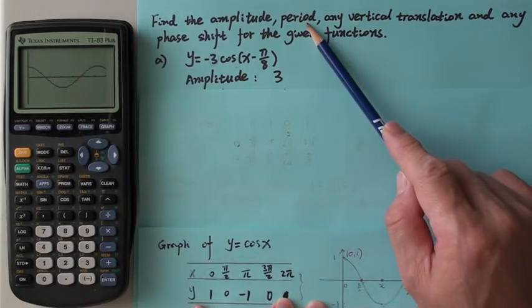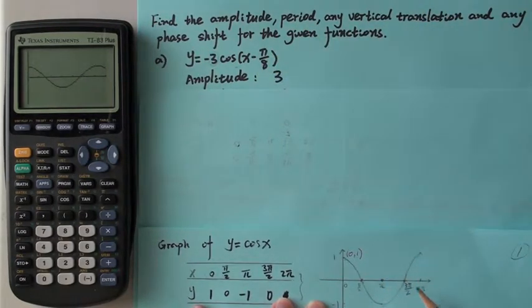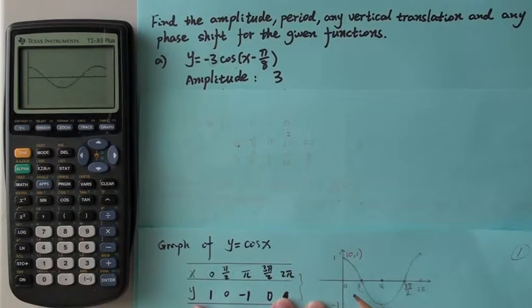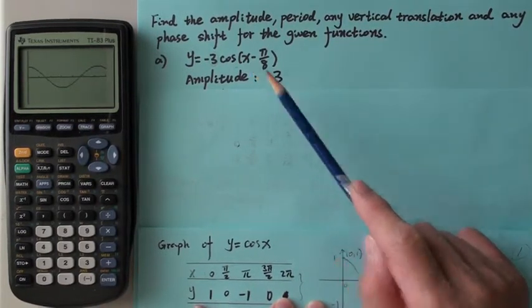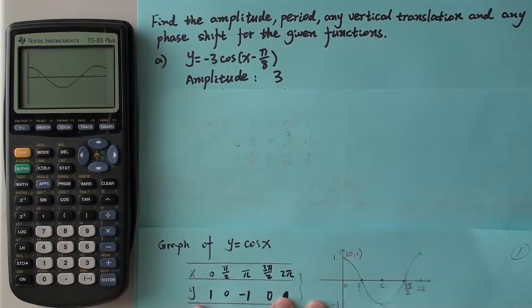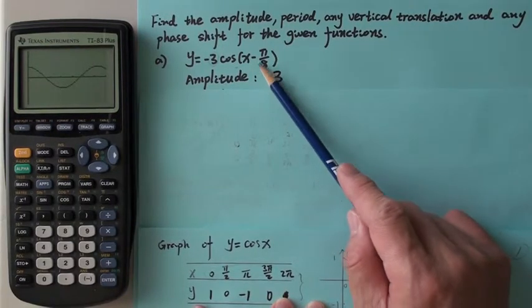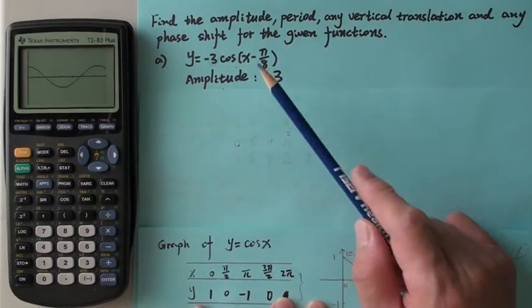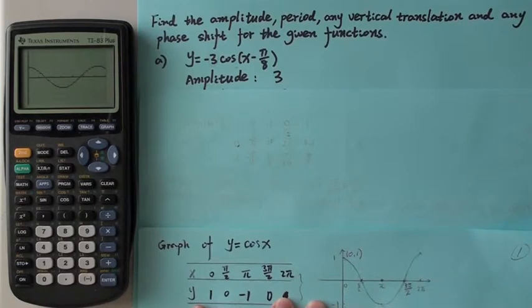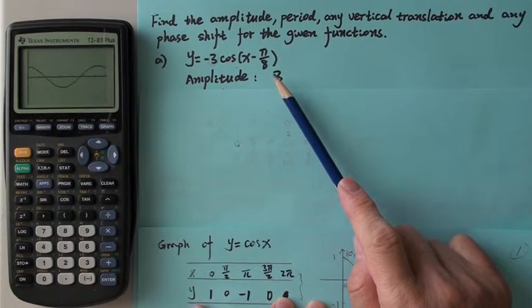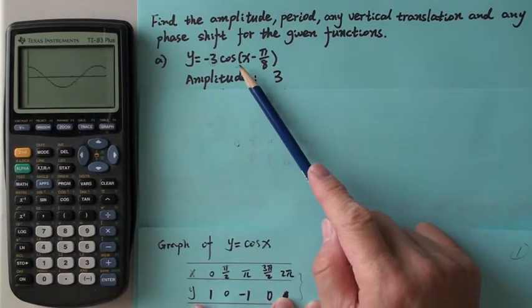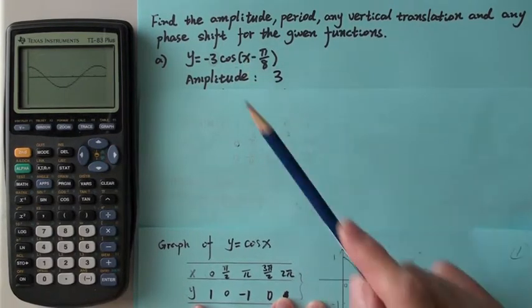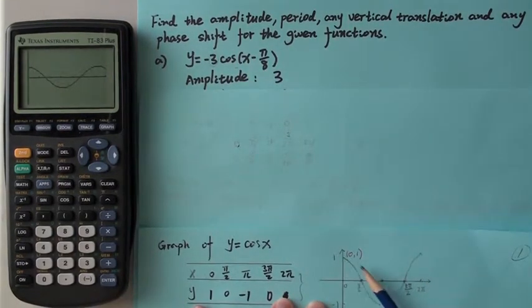Now the period right down here is still 2 pi. But what is this pi over 8 used for? We'll tell you in just a moment. But anyway, the period is not changed.